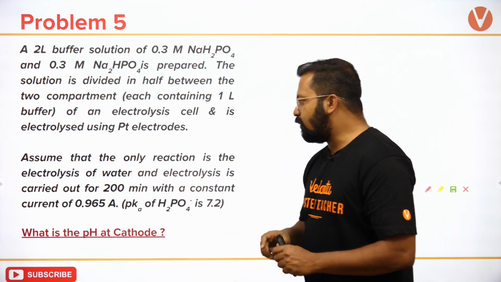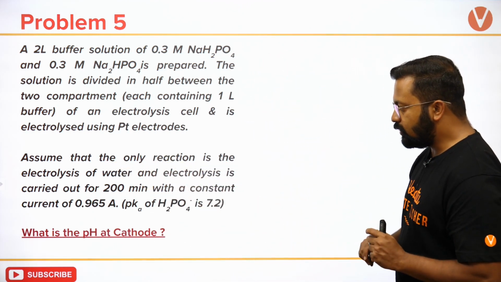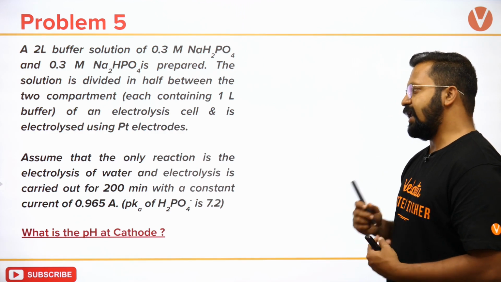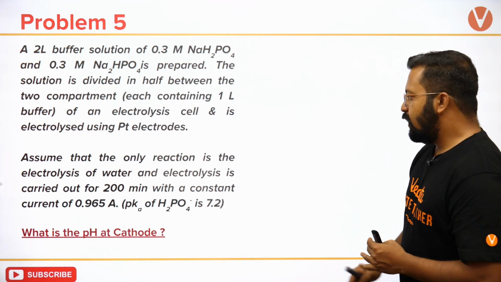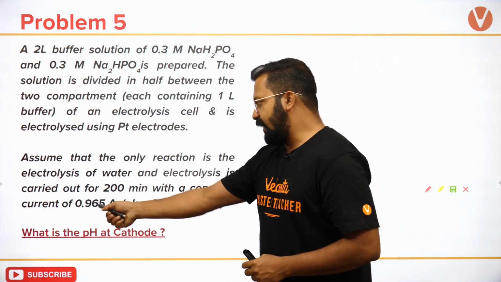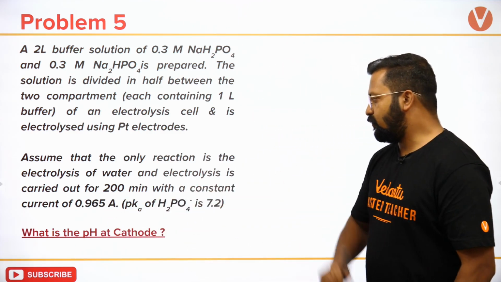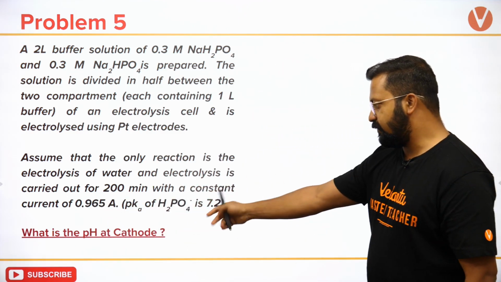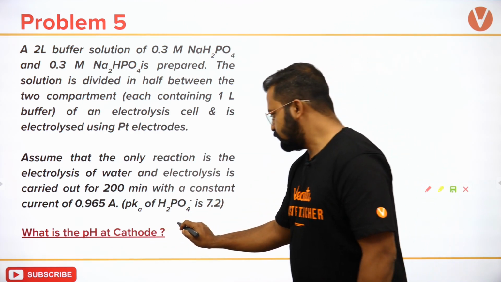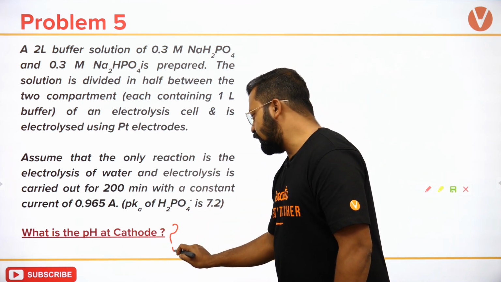Assume that only reaction is electrolysis of water, and electrolysis is carried out for 200 minutes with a constant current of 0.965 amperes. pKa of H2PO4 is given. What is the pH at cathode?